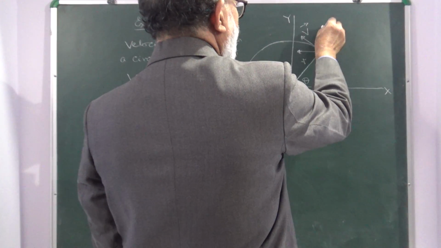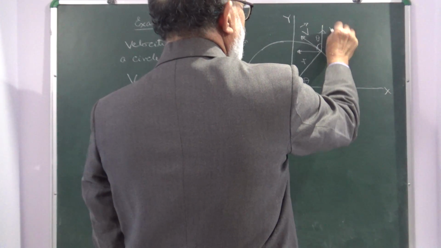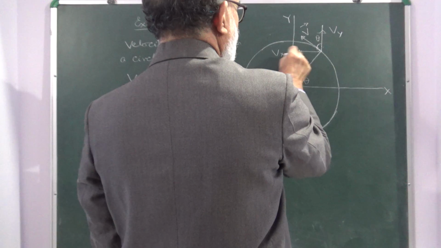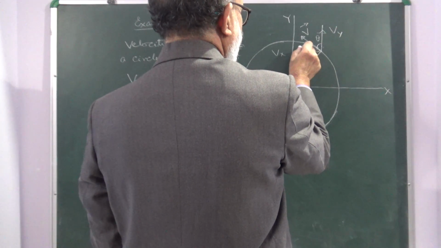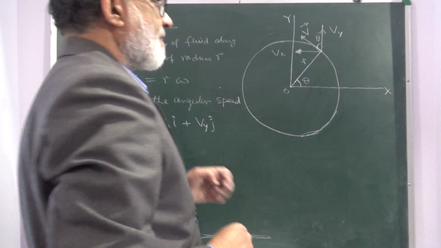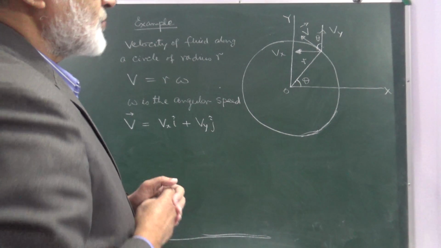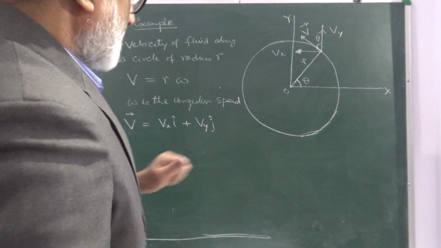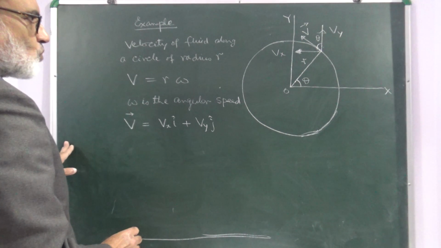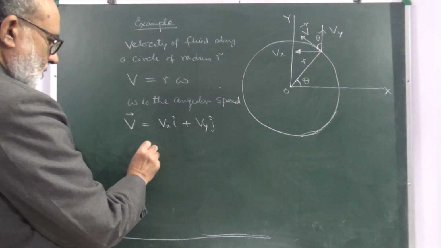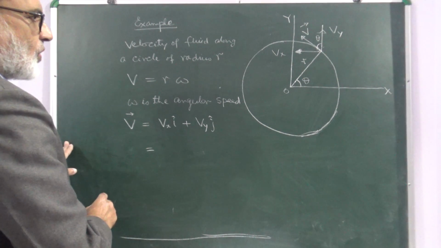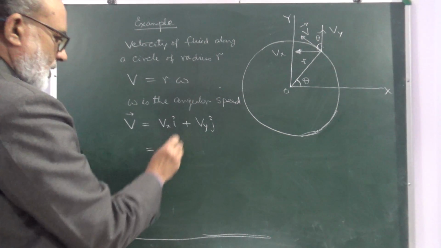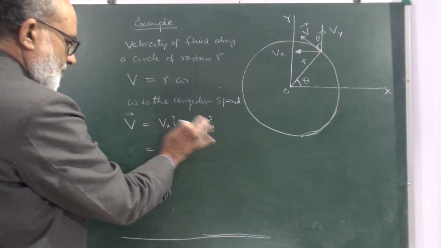So this will be vy, the velocity along y, and this is the velocity along the x-axis.